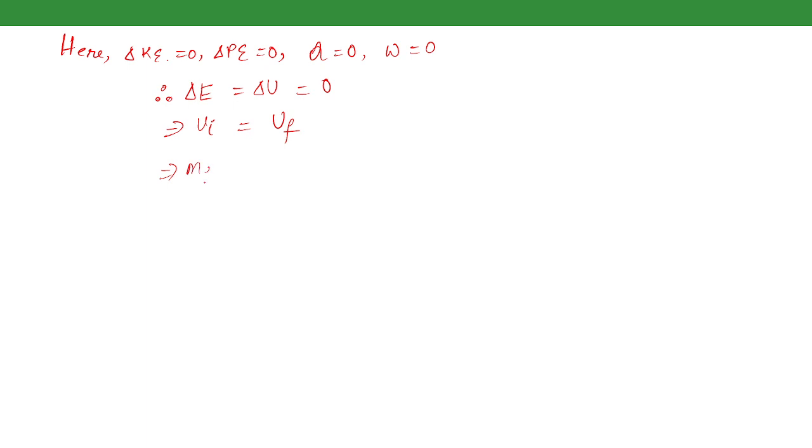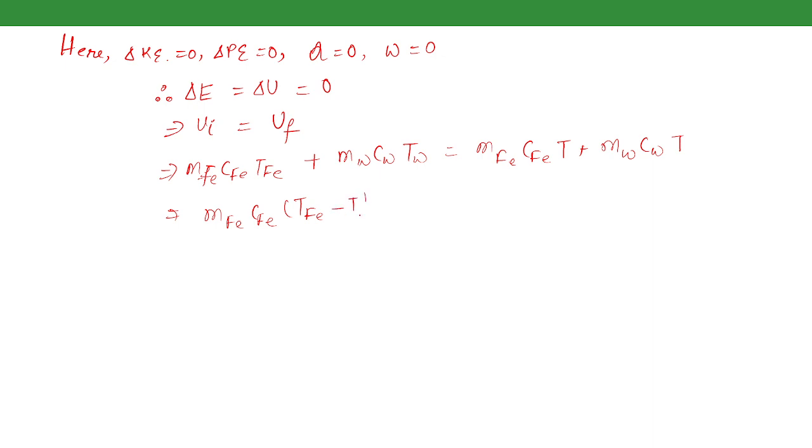So let us just write the values, this is for iron, this is for water, and finally m_Fe c_Fe T plus m_W c_W T. Let us simplify it: m_Fe c_Fe (T_Fe minus T), and this will be m_W c_W (T minus T_W).